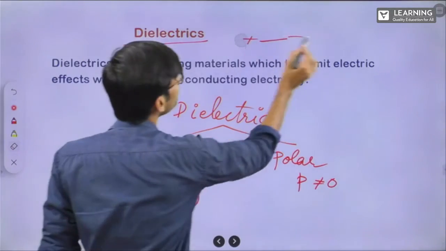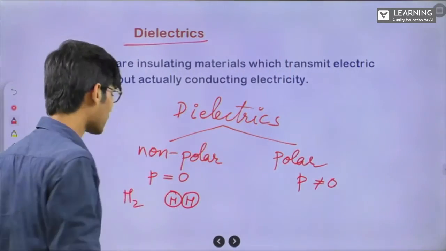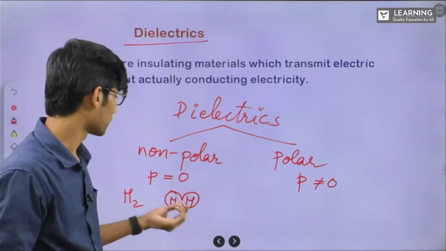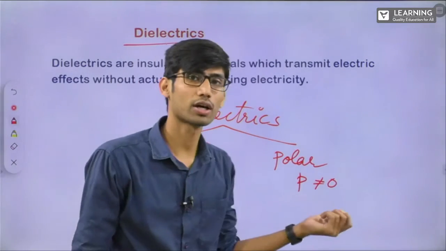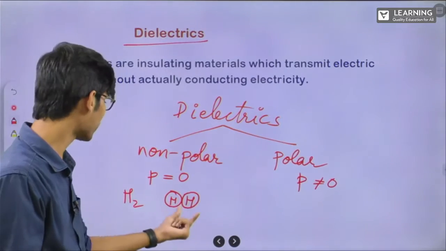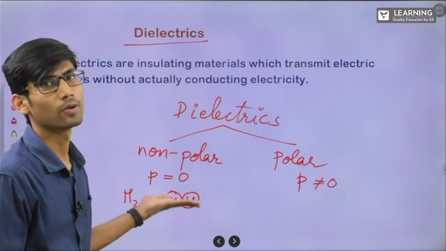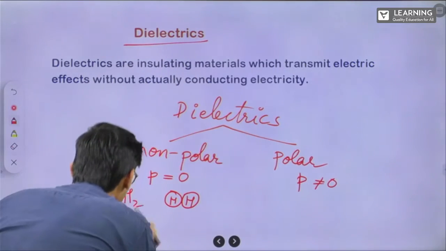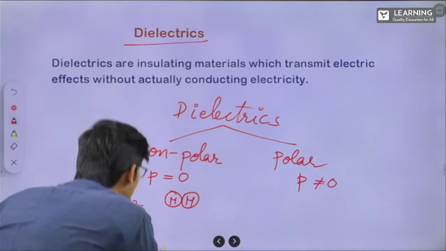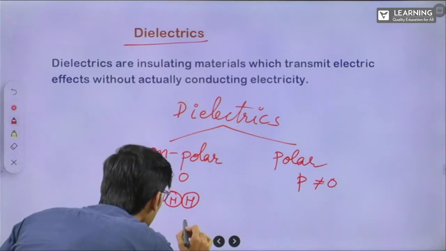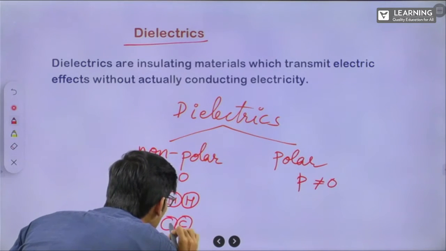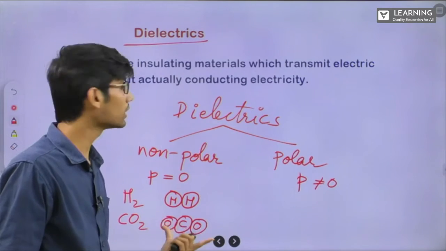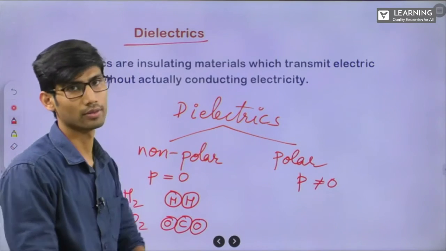Here no charge is being developed. The electron transfer is not happening. Or you can say the center of positive and negative charge coincides, because of which this is non-polar. I'll explain what coinciding means later. Okay. If you see carbon dioxide, one carbon will be like this, one oxygen will be here, one oxygen will be here. Here also this is non-polar, the dipole moment will be zero.